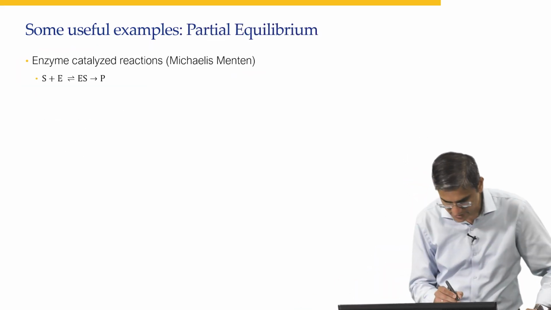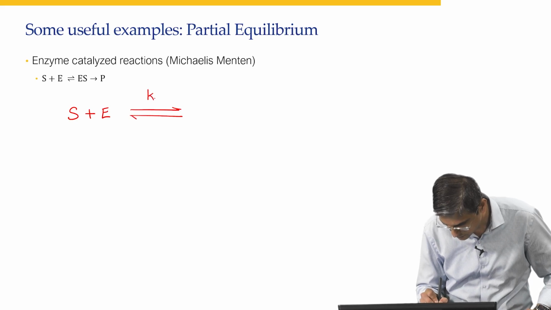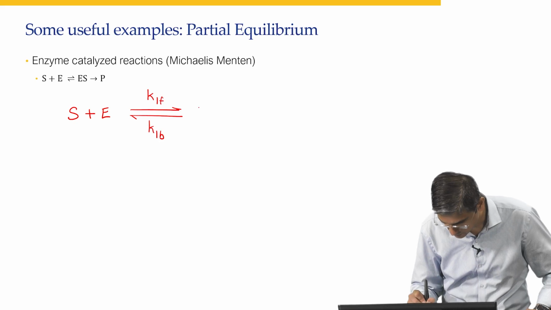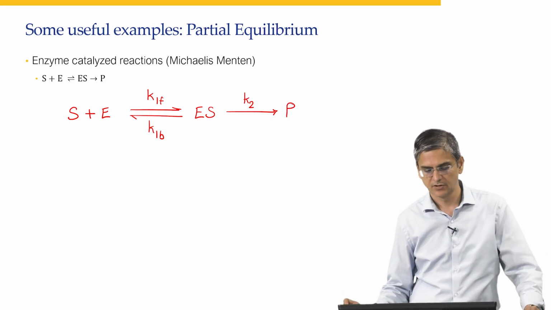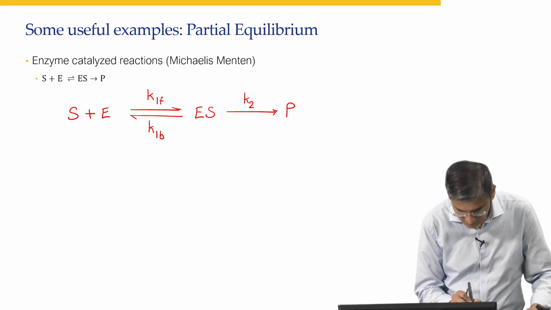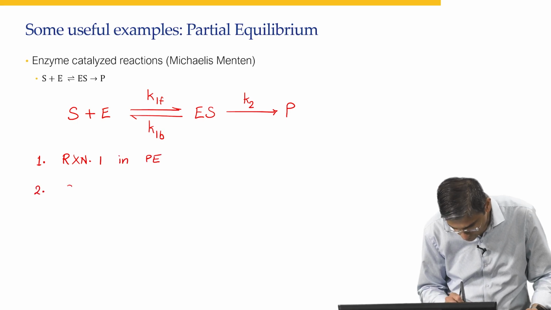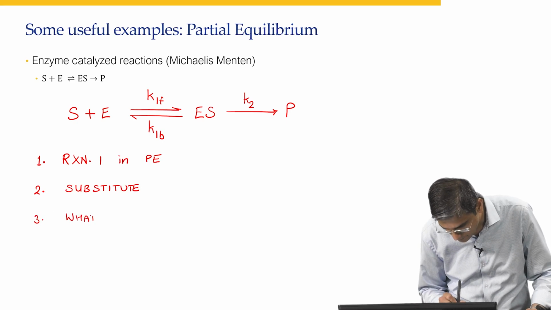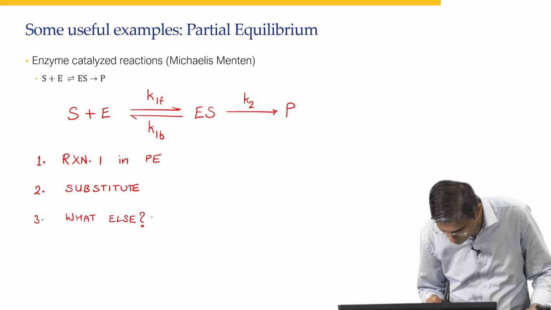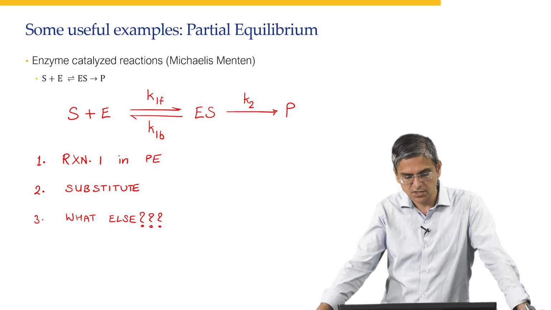The reaction is... If reaction 1 is in partial equilibrium, what do you get?